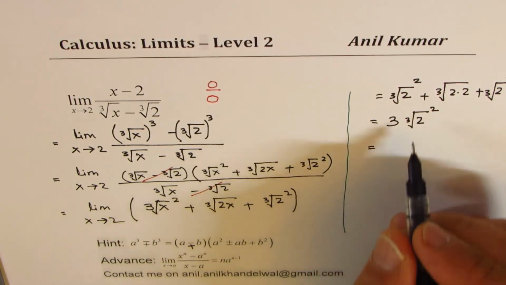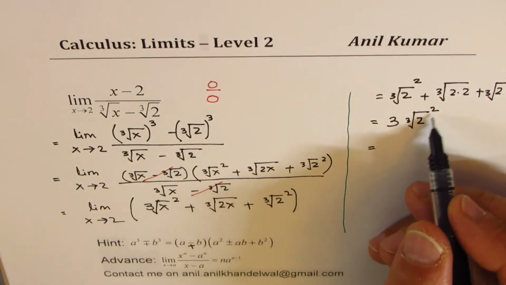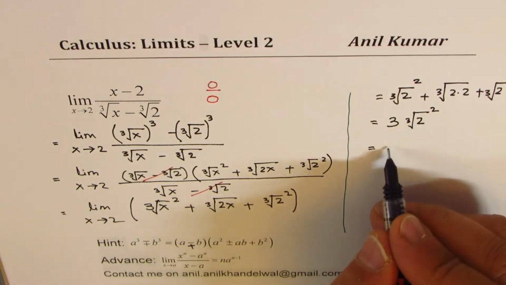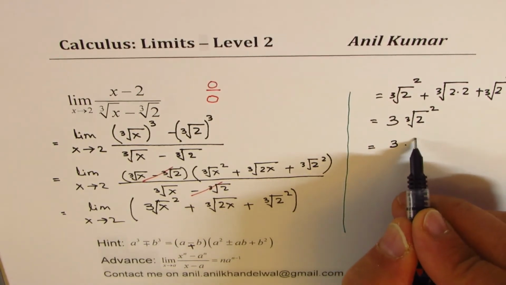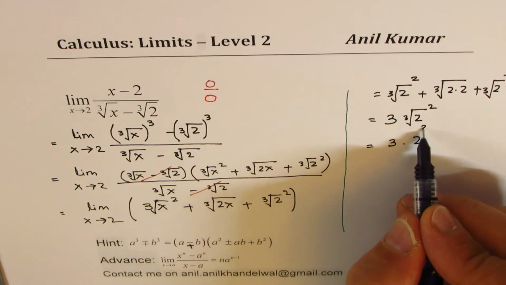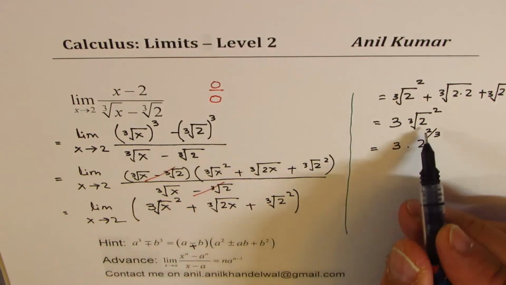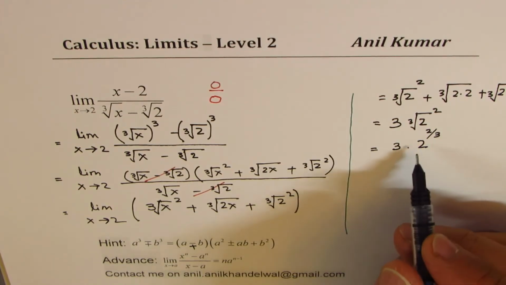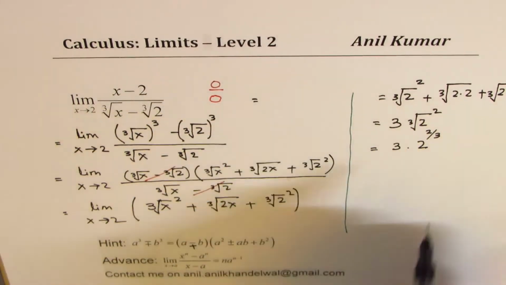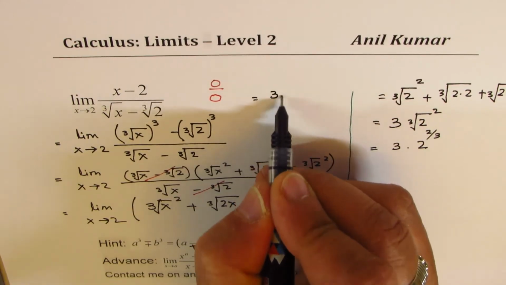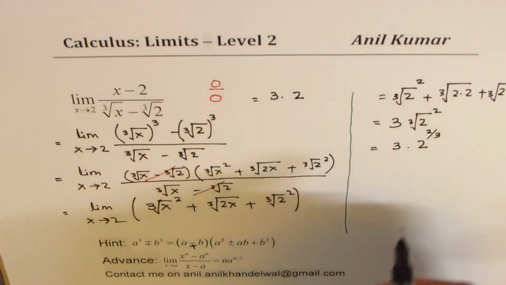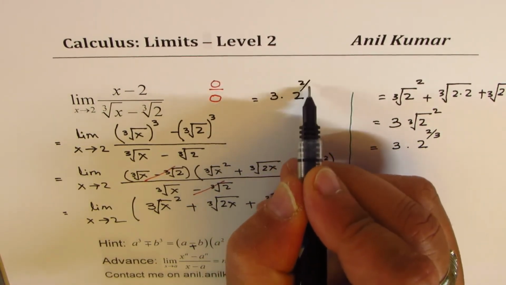Well, you could write this as 2 square is 4, correct? So you could either write this as 3 times 2 to the power of 2 over 3, right? Or you could write cube root of 4 anyway. So we know this limit is actually 3 times 2 to the power of 2 over 3, right?